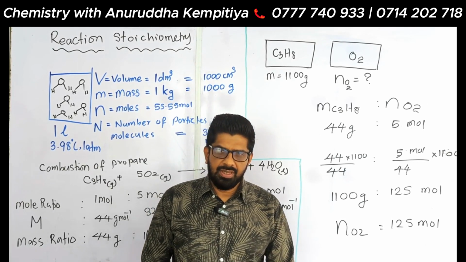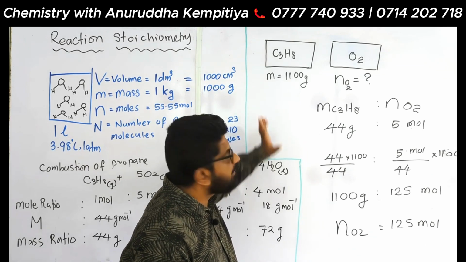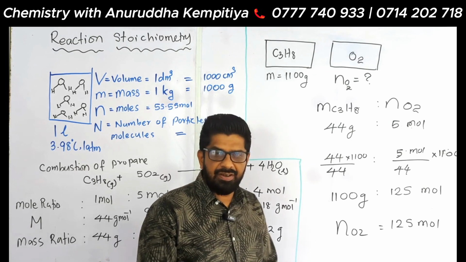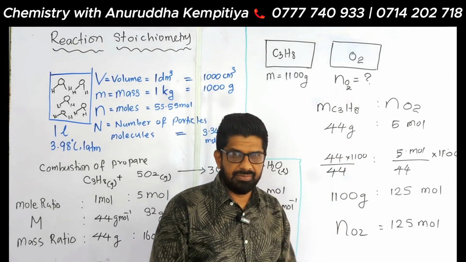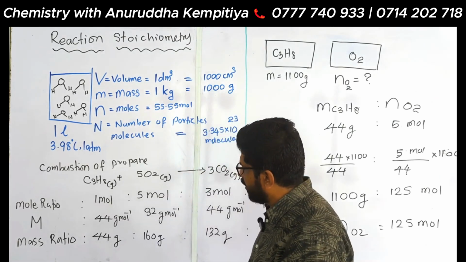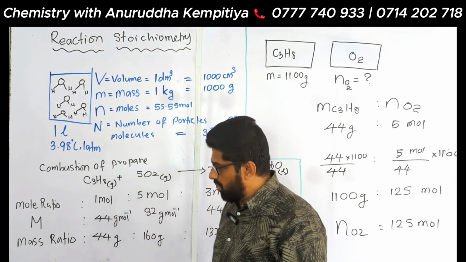Okay, this time the quantity given is 1100 grams of propane. How many moles of oxygen are required for this combustion? So that is the question. This time the stoichiometric relationship is not between two masses, but between mass and number of moles.